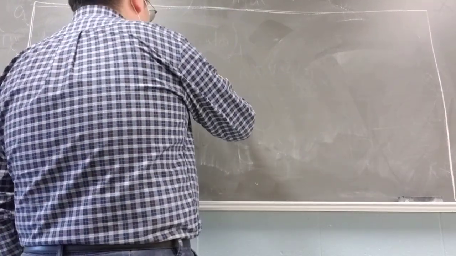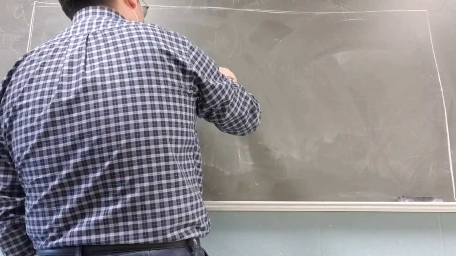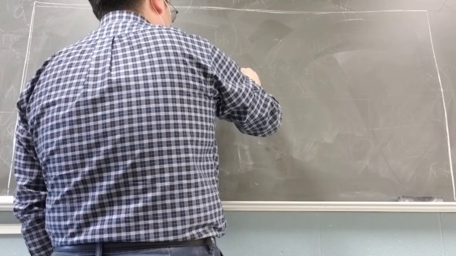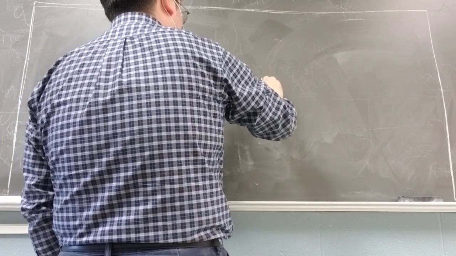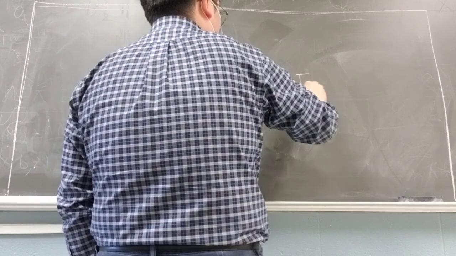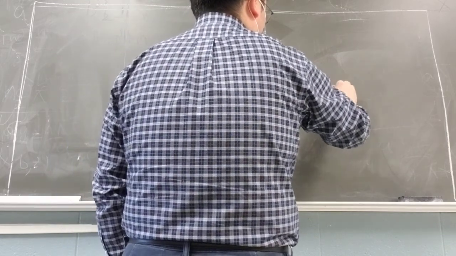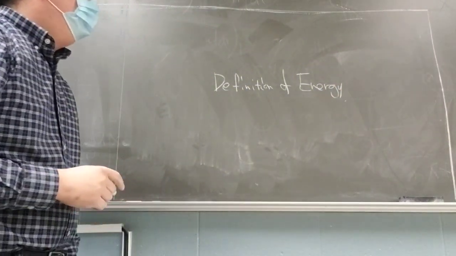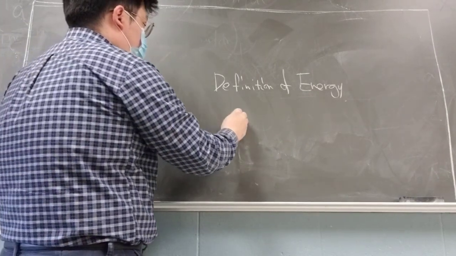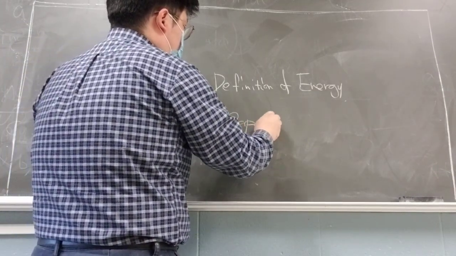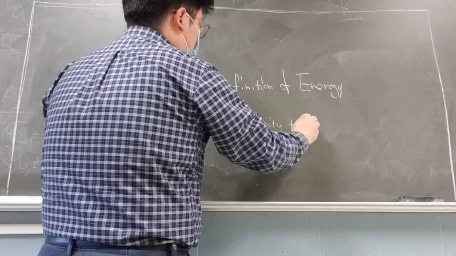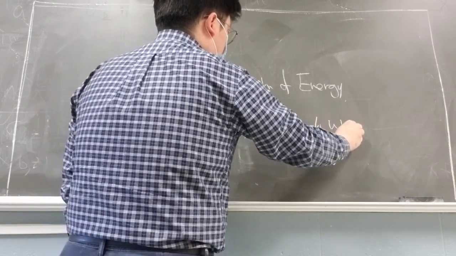Here's multiple choice 2. What is the definition of energy? Energy simply is a capacity to do work.